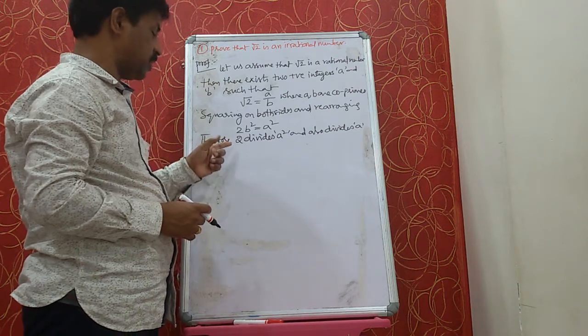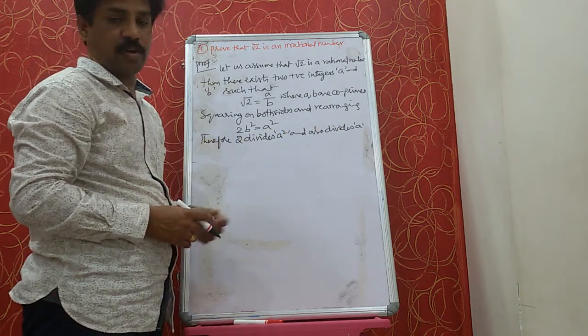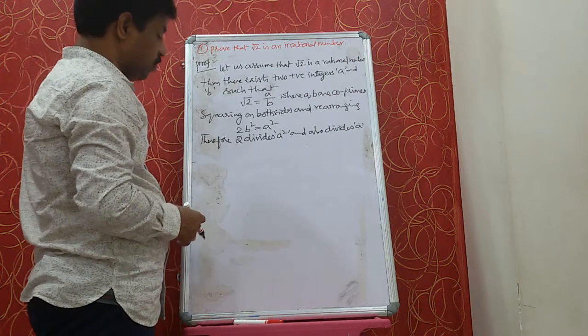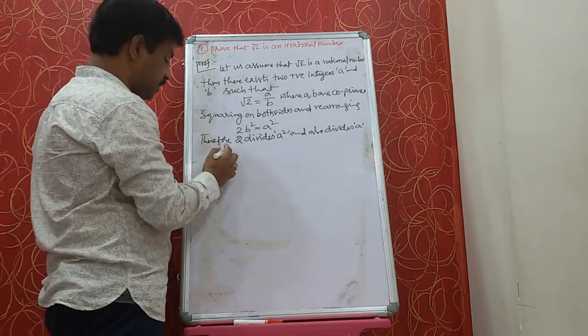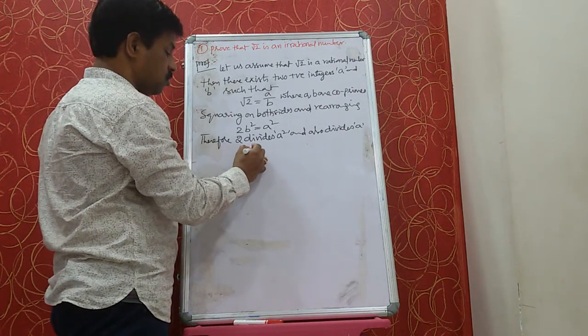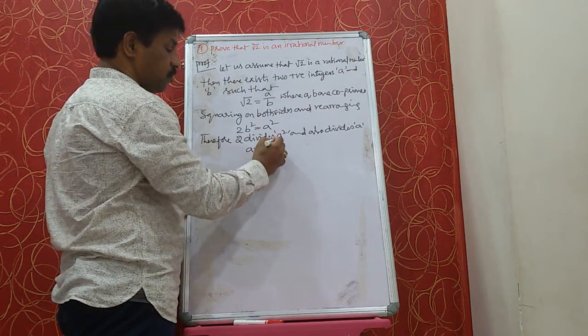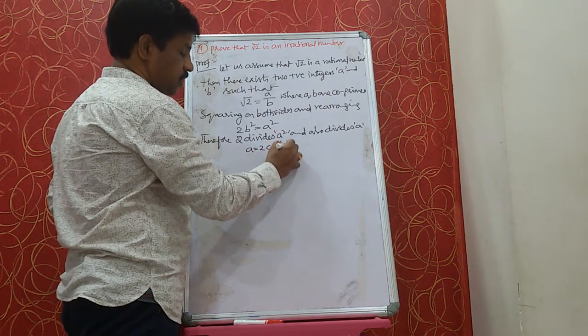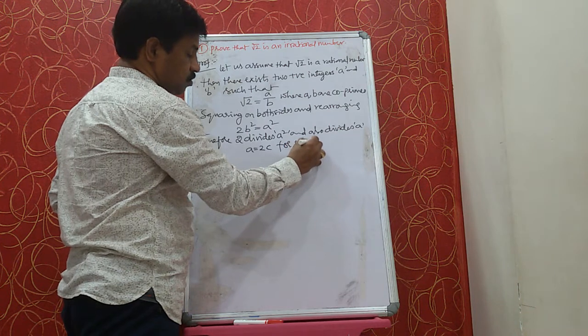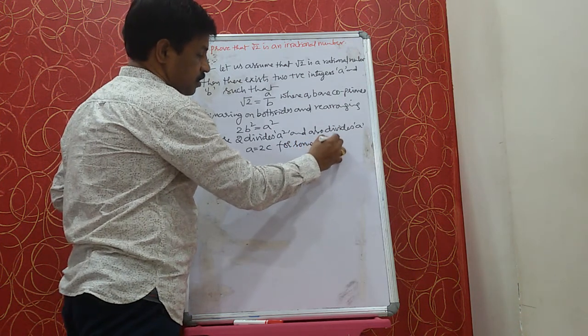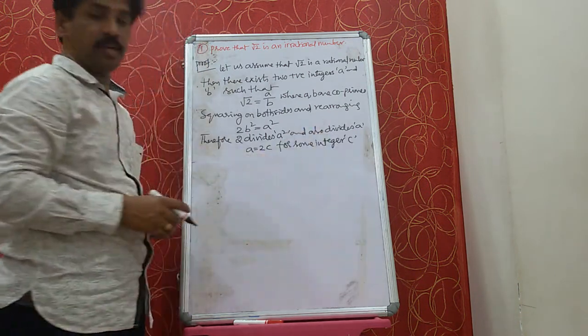From that we can write that 2 divides a square and also divides a. When it divides a, we can write a equal to 2c for some integer c. C is an integer.